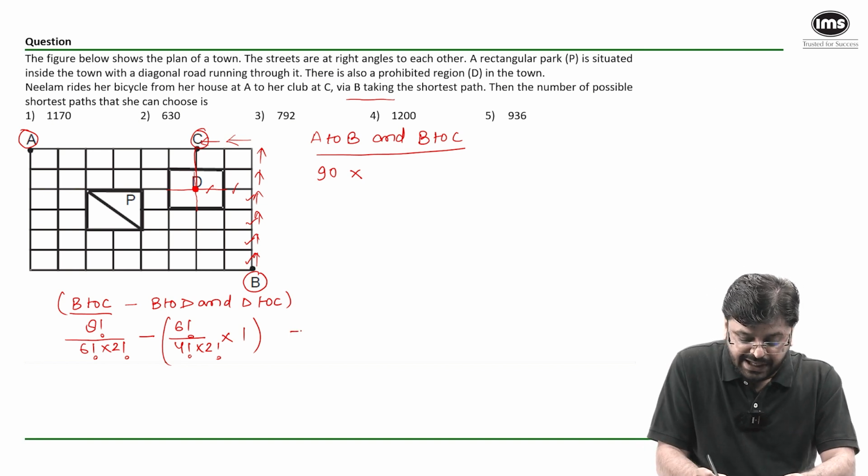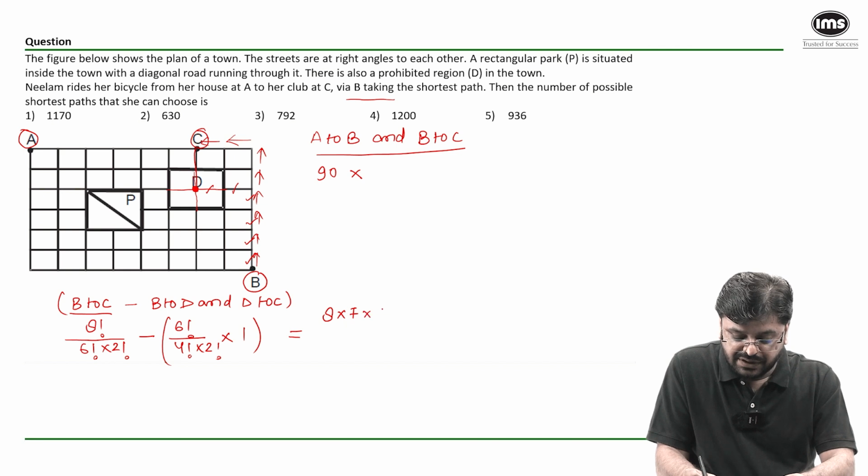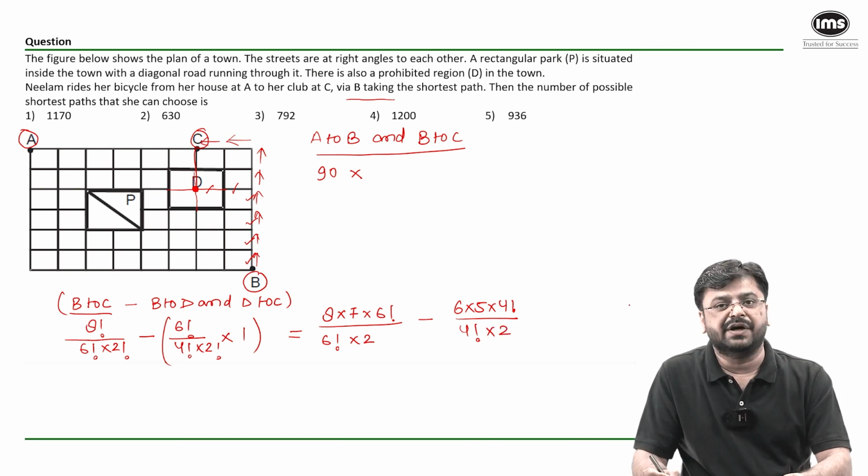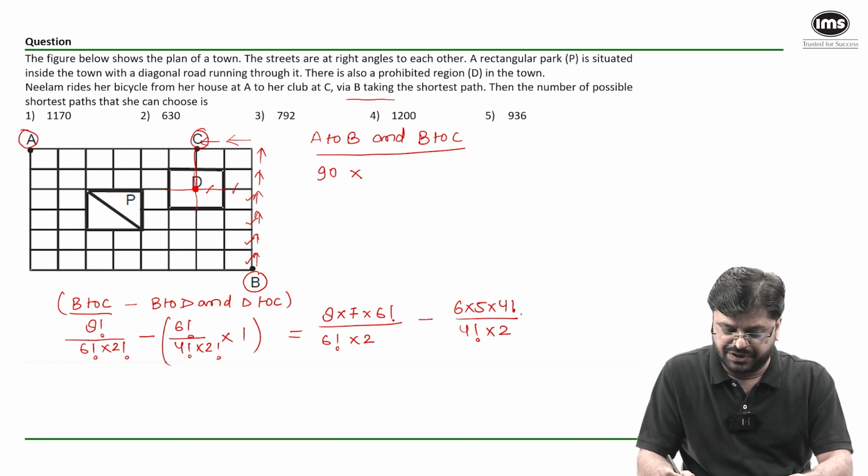So 8 factorial here can be written as 8 into 7 into 6 factorial upon 6 factorial into 2, minus 6 into 5 into 4 factorial upon 4 factorial into 2, and this into 1 we are not writing here, it is simple multiplication.